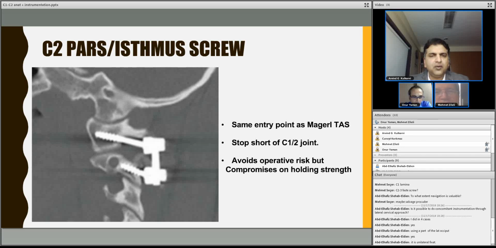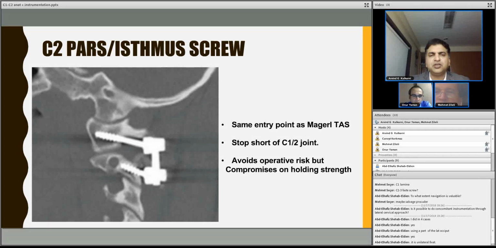If you are not confident of putting a C2 pedicle screw, you can put a partial pars screw. It is the same trans-articular screw which goes all the way into the C1 lateral mass, only it goes just midway. It stops short of the articular surface of C2. This is about 18 to 20 millimeters in size.